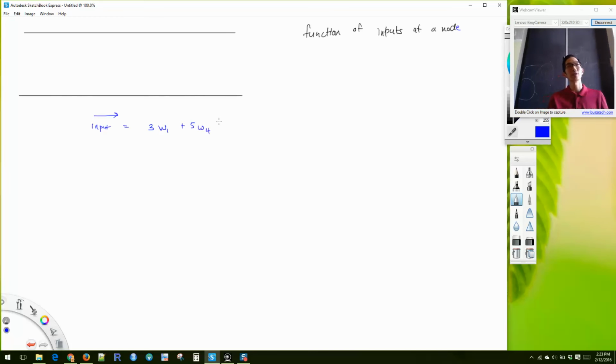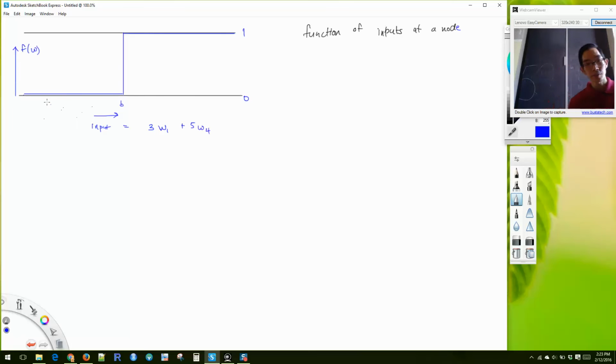I probably need to rename the weights appropriately. This function basically says up until a certain point, which we'll call b, it's 0, and then once it reaches that point, it becomes 1. So this would be the value f of w.